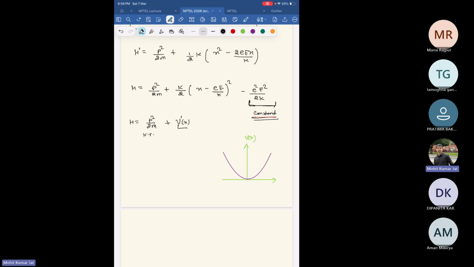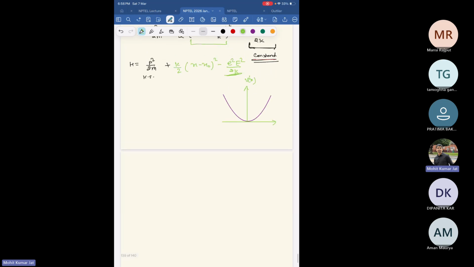So if I draw V prime(x), it is nothing but half k (x minus x naught) square, minus e square E square by 2k. This is just a constant. So H is kinetic energy plus V prime(x).